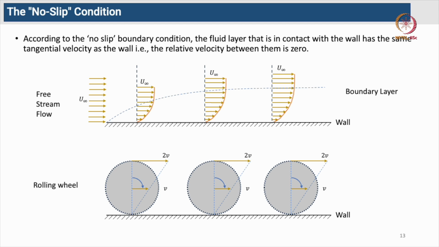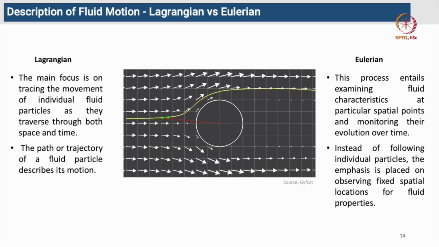All right. Then, of course, the concept of Lagrangian and Eulerian descriptions. In the Lagrangian, which we already covered in detail, the main focus is that you track individual fluid particles as they traverse. But we said earlier that this is a near impossibility to do.